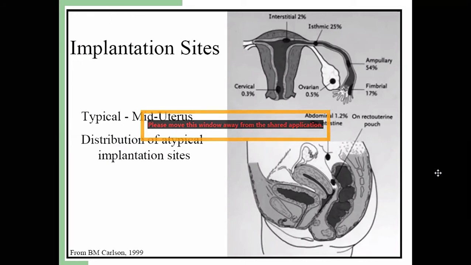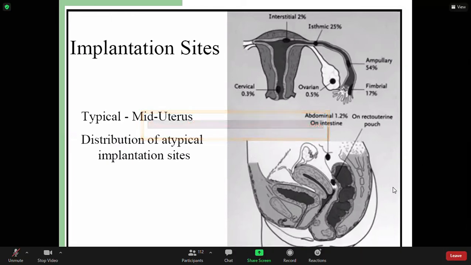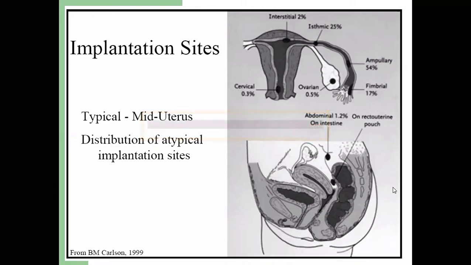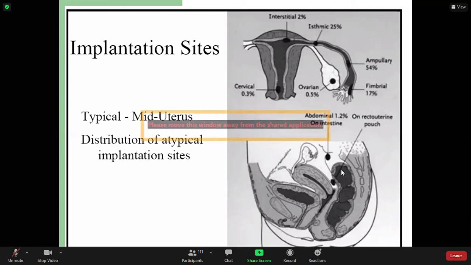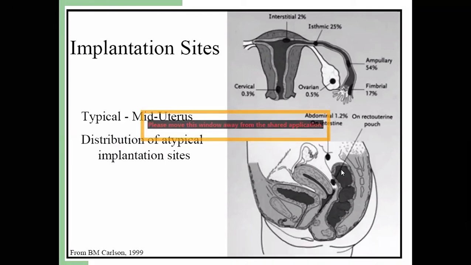Can you imagine, in an isthmic pregnancy, the isthmus is very narrow. So when the fertilized ovum enlarges and erodes into the fallopian tube, it will have symptoms of rupture earlier than it will have symptoms in the ampullary portion.